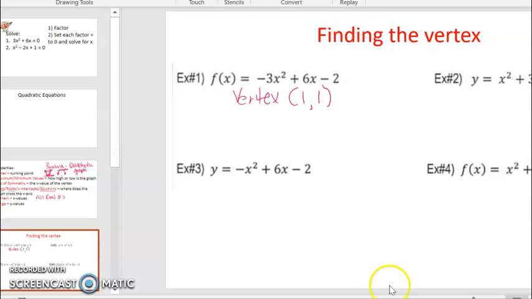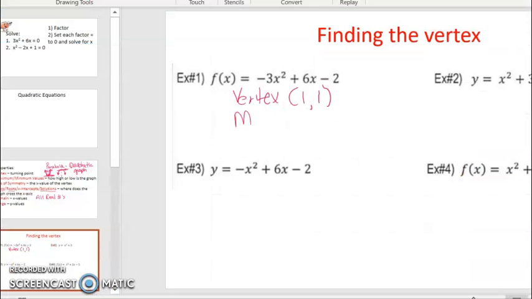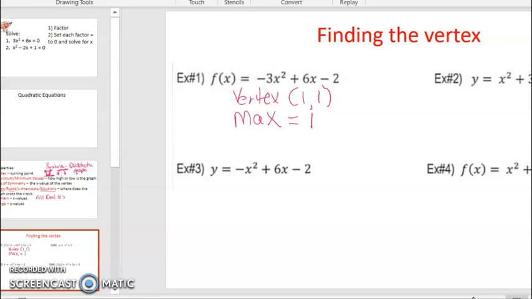Okay, now we need to determine, is this graph a maximum or a minimum? Is the vertex the highest point on the graph or the lowest point? And it's a maximum. And what is that maximum value? What is the highest point on the y that it goes? It's going to the 1. So that's the maximum value. All right, the next thing is the axis of symmetry.